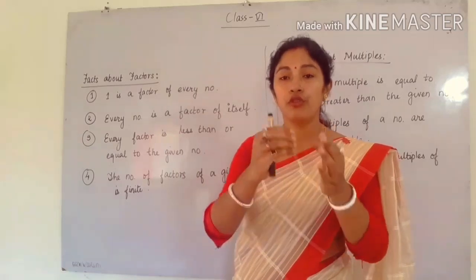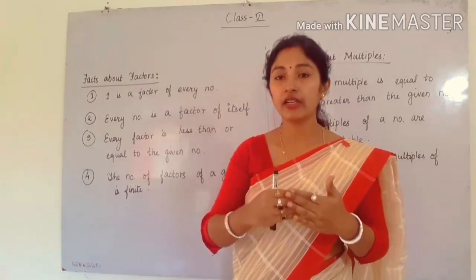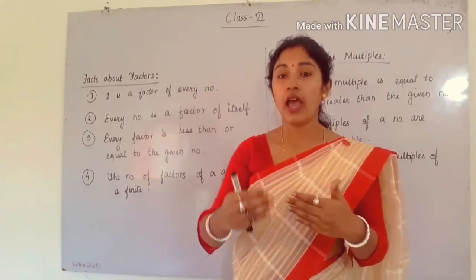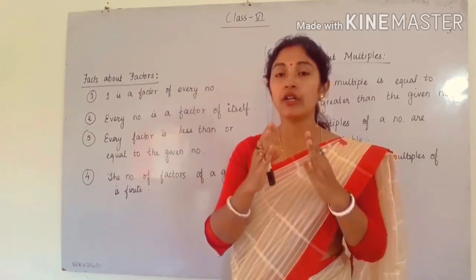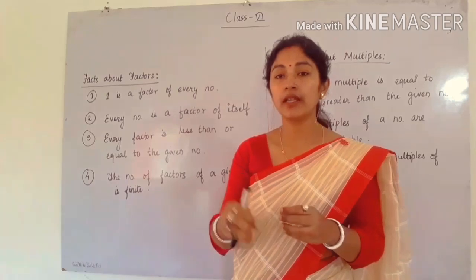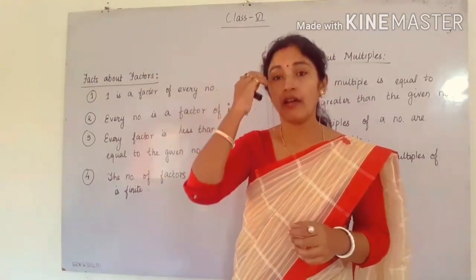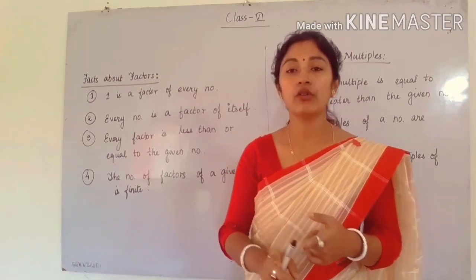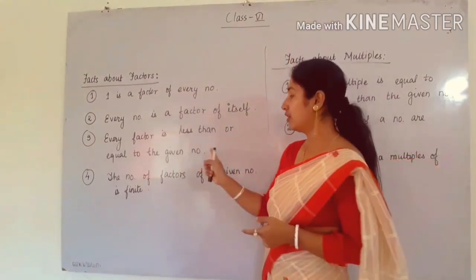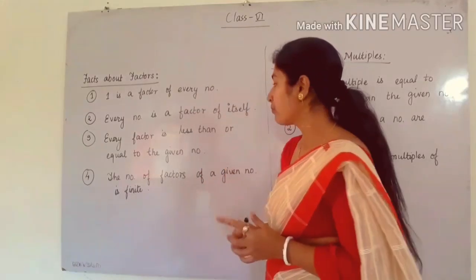You can easily see that the factors are less than 16 and one factor will be equal to 16. No factor is greater than 16. All are less than 16 and one factor is equal to 16. This point explains this only.